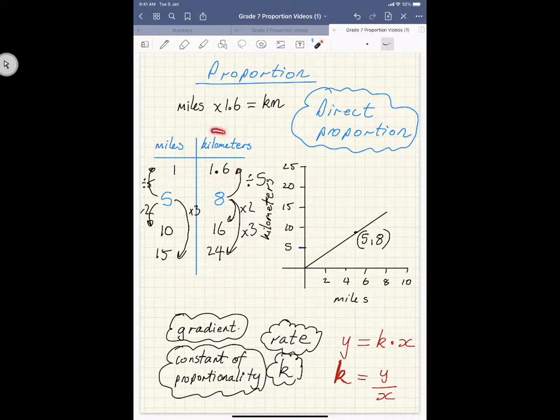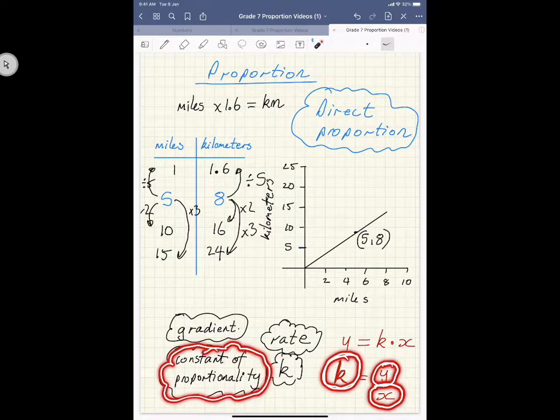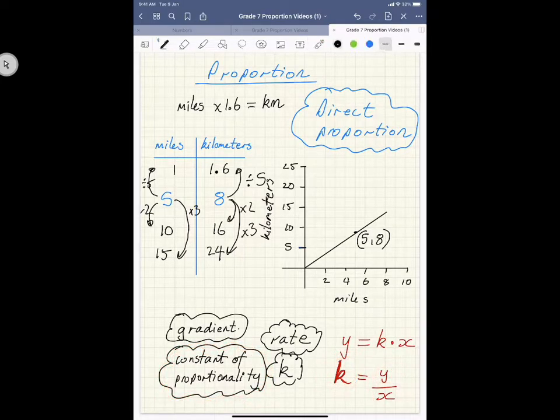Exactly. What if we take any kilometres and divide it by its equivalent number of miles? We get 1.6. So look down here, guys. What if we take any y on the graph and divide it by its x partner? We get the 1.6, and this is the k, the constant of proportionality.